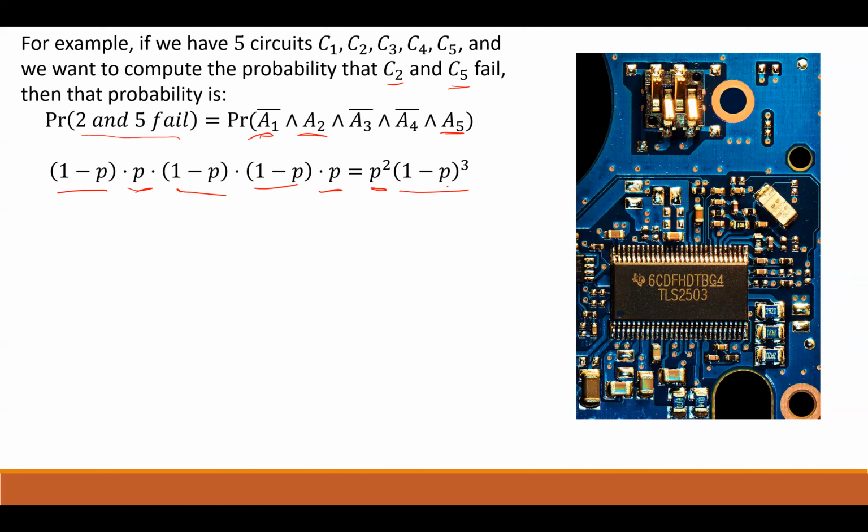All right, so that's out of 5 circuits where I know exactly C2 and C5 fail. But if I want to find the probability that exactly 2 circuits fail, maybe it's not C2 and C5. It could be C1 and C2, or C1 and C5, or C2 and C3. In fact, I have to look at every combination of 2 circuits failing. So how many combinations are there?